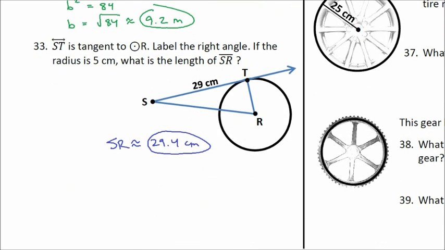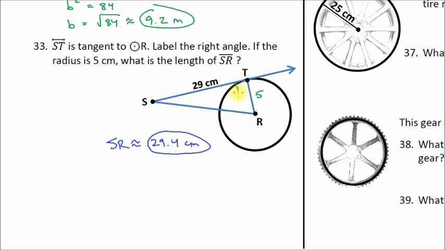Here's the answer of question number 33. Using the same strategy as 32, you should have gotten the length of SR is equal to 29.4 meters or centimeters. In this case, class, you didn't have to label this part right here, because if we know the radius is 5, this is going to be 5, and we're looking for the length of SR, the whole thing.